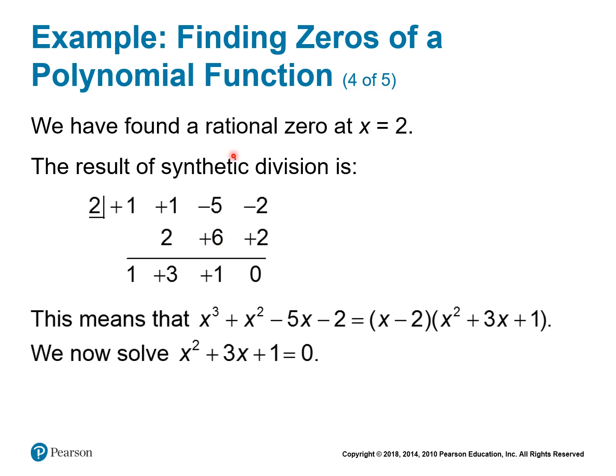Because the remainder is a 0 in this case, it tells us that one of the factors of this polynomial is going to be composed using this 2 with which we divided the polynomial. How do we go about that?